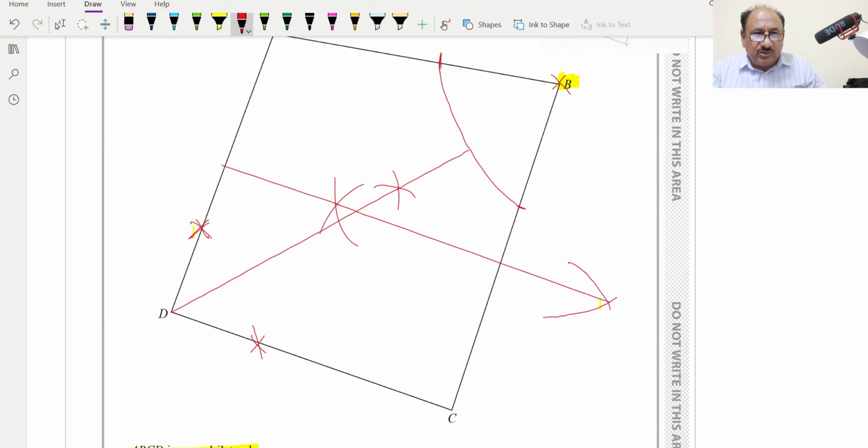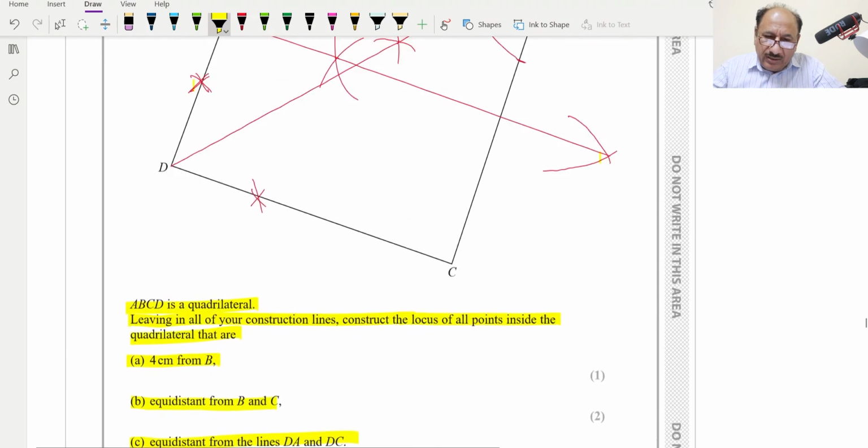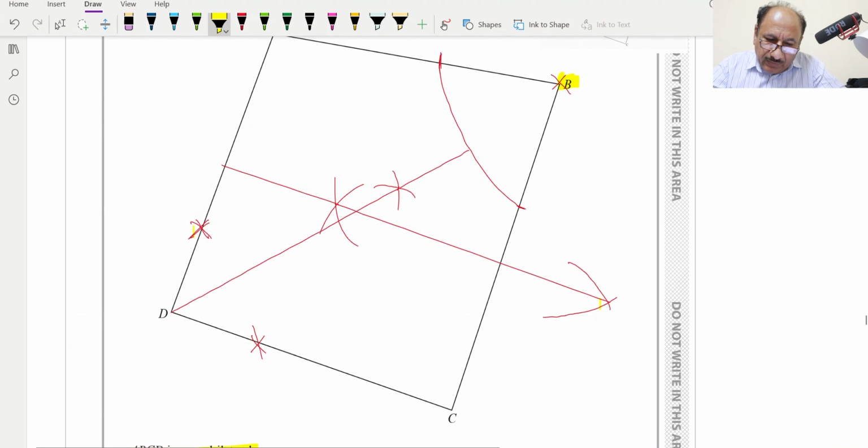After this you will have to keep all the arcs, and they are saying next that the region R consists of all the points inside the quadrilateral that are more than 4 centimeter from B, closer to B than C, and closer to DC than AD. Show by shading the region R, label the region R. So our region R will be this one.